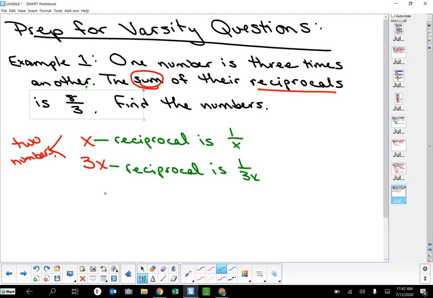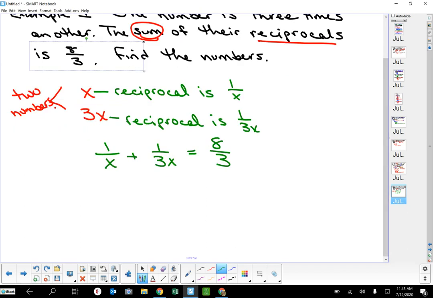So I have 1 over x plus 1 over 3x equals 8/3. Well, now this looks just like a problem that we would have had in the last section. We need to create a common denominator. So I'm going to multiply this guy by 3. This already has a 3x. This guy by x. So now my equivalent fractions are 3 over 3x plus 1 over 3x equals 8x over 3x.